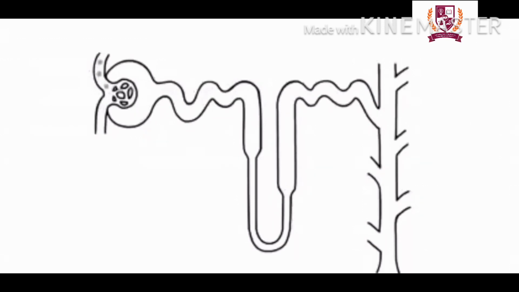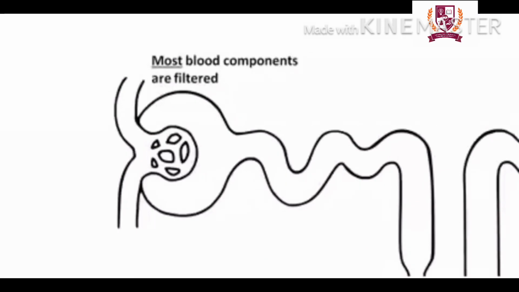The nephron has a cup-like structure called Bowman's capsule, where the filtration of blood takes place. This filtrate then passes on to the proximal convoluted tubule, Henle's loop, distal convoluted tubule, and gets collected in the collecting duct. About 180 liters of blood is filtered by our kidney each day, producing approximately 1 to 2 liters of urine.